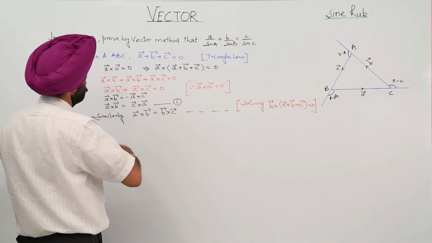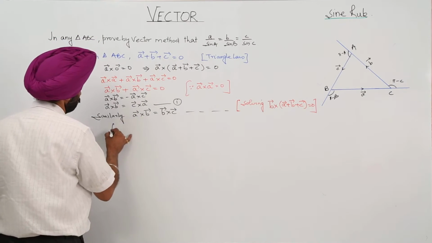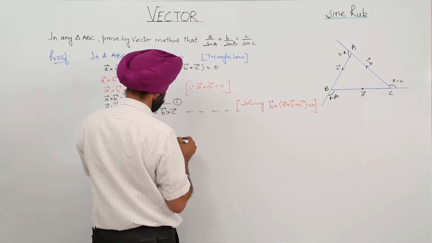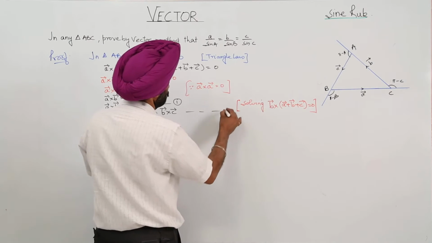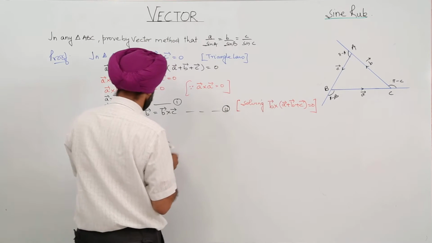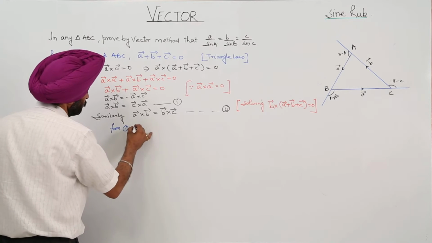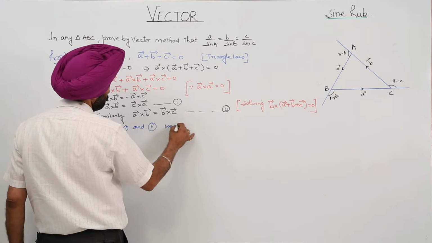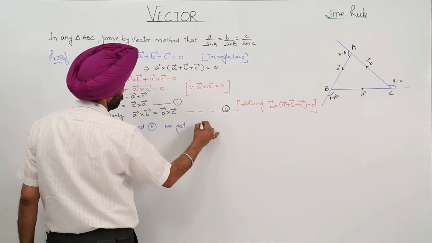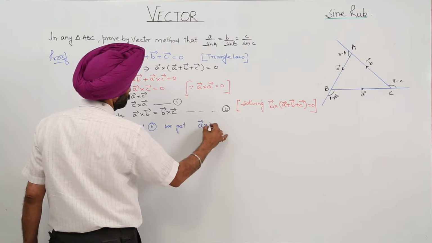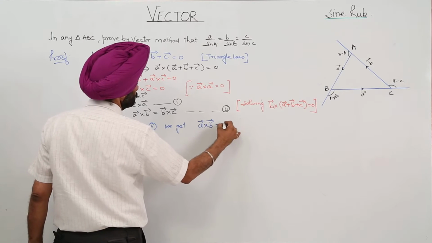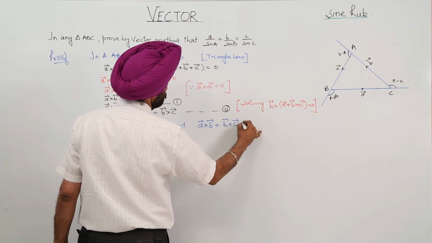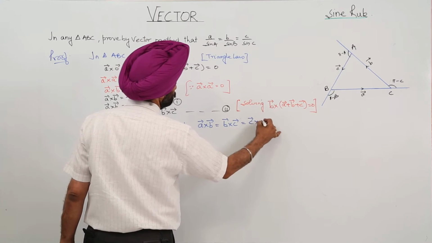Now this is equation number 2. Now from 1 and 2 we get vector a cross vector b is equal to vector b cross vector c is equal to vector c cross vector a.